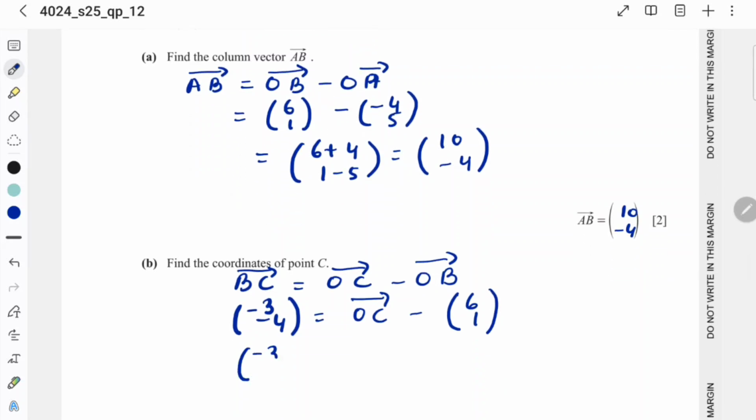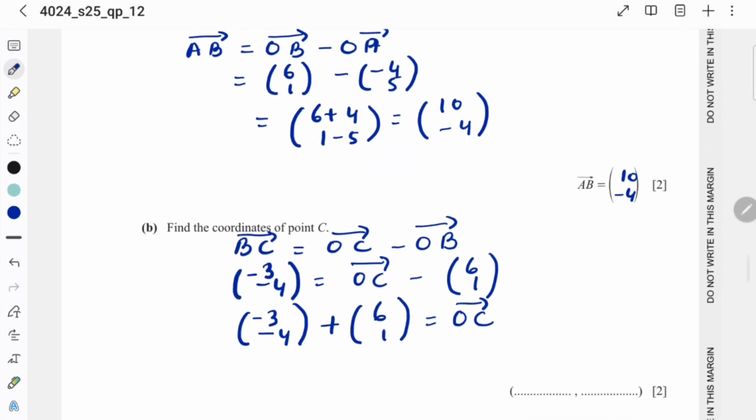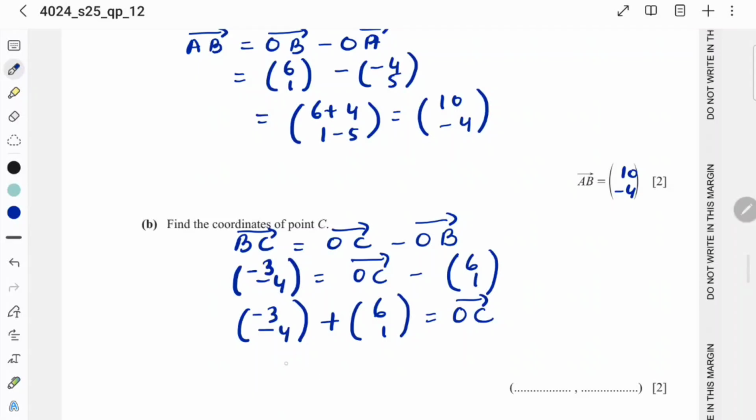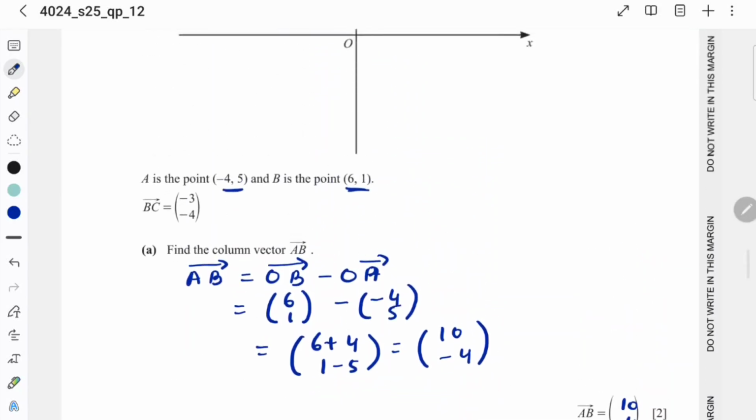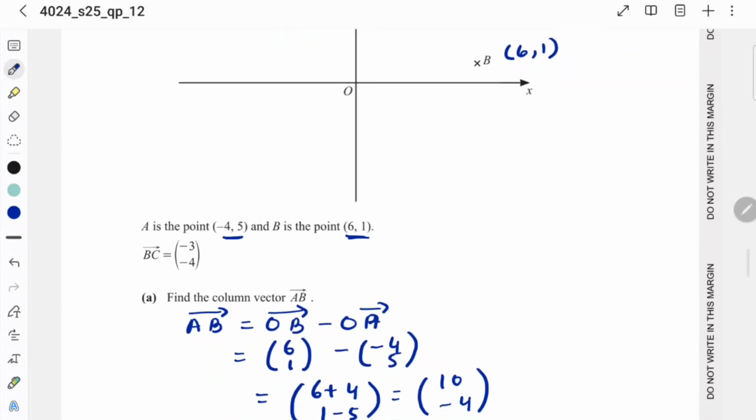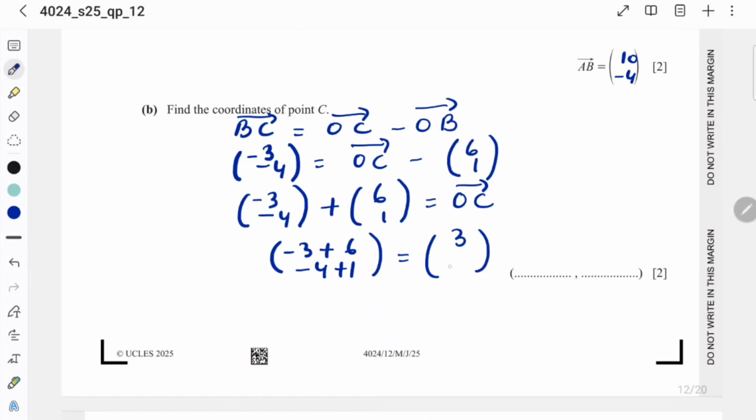So (-3, -4) plus (6, 1) is equal to the coordinate for C. That is minus 3 plus 6 and minus 4 plus 1. Minus 3 plus 6 is 3, and minus 4 plus 1 is minus 3, so C is (3, -3).